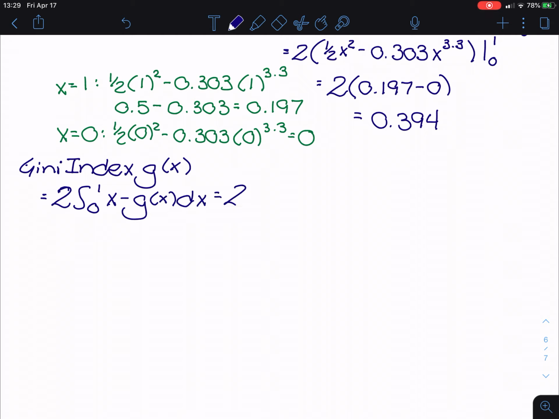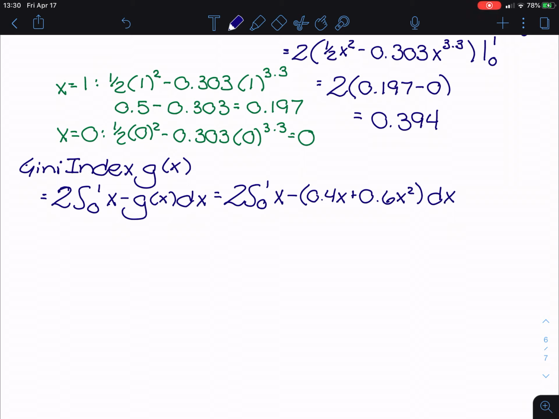So this is 2 times the integral from 0 to 1 of x minus, and I have to put my function in parentheses because the negative applies to every term in g of x, which is 0.4x plus 0.6x squared, then dx.